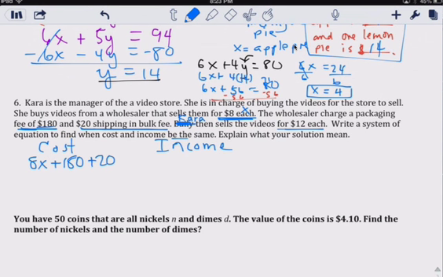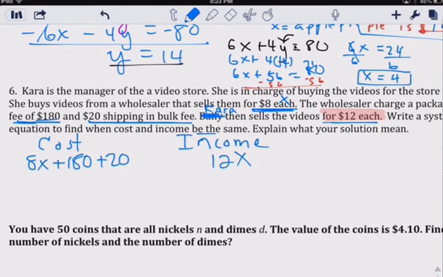And income, how much she'll make, is $12 for each video because she's going to sell it for that much. So x is each video. This equals cost, this equals income. Okay?